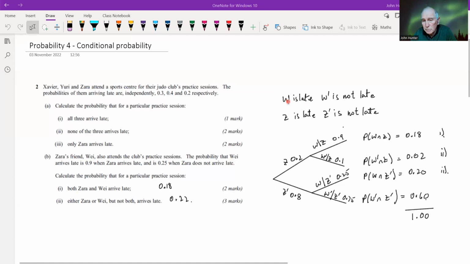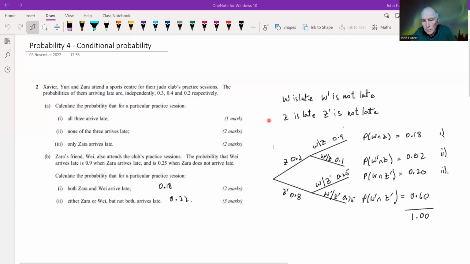W is the event that Wee arrives late. W prime is the converse. We often use that in sets and probabilities. That's the probability that Wee is not late, and the same with Z and Z prime for Zara.